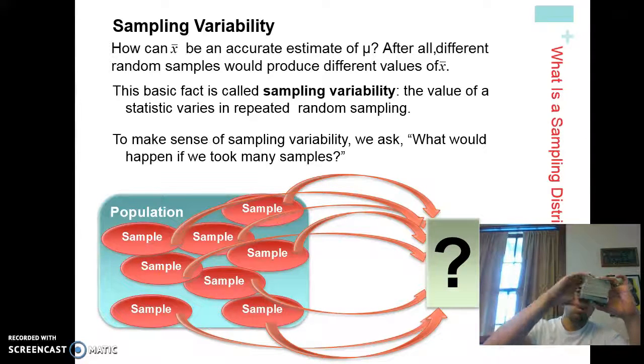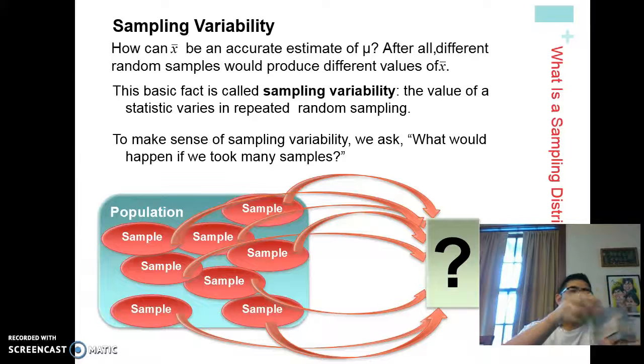Okay, so to illustrate sampling variability, I'm just going to take a sample of 20 cards real quick. 1, 2, 3, 4, 5, 6, 7, 8, 9, 10. Okay, here's 15, and this is my lame attempt of a good example. So let's count them.